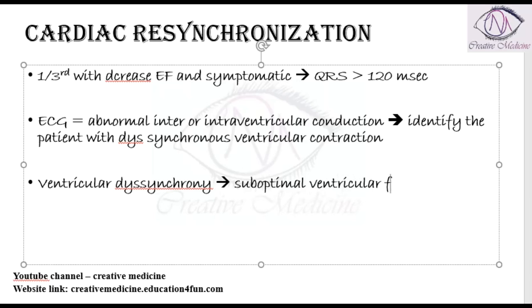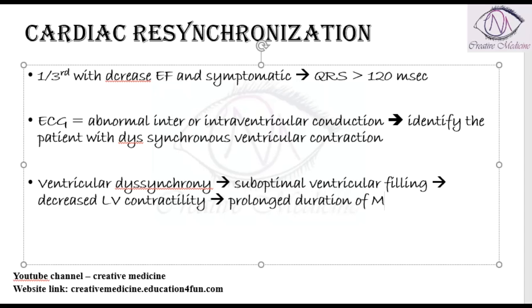That is, ventricular filling is not happening properly, and when it is not occurring properly, there will be decreased left ventricular contractility. This decreased left ventricular contractility will result in prolonged duration of mitral regurgitation, and paradoxical septal wall motion is also seen. So overall there is a problem in the heart completely.